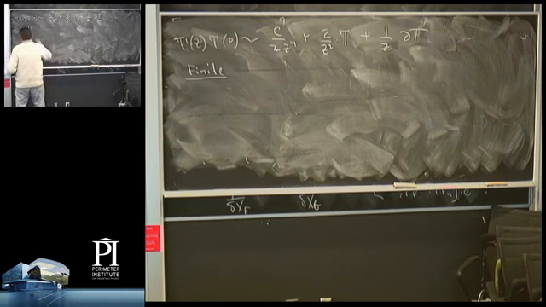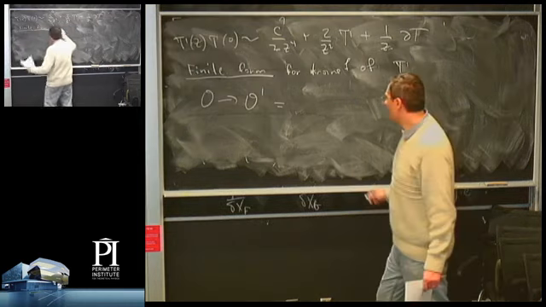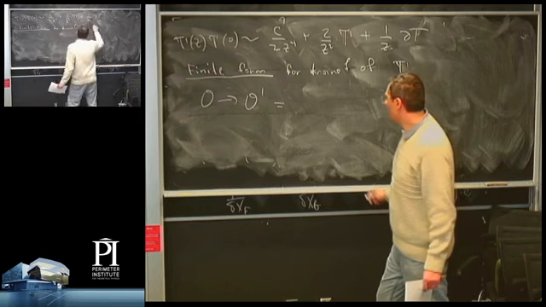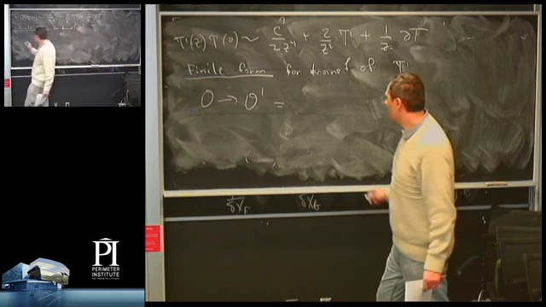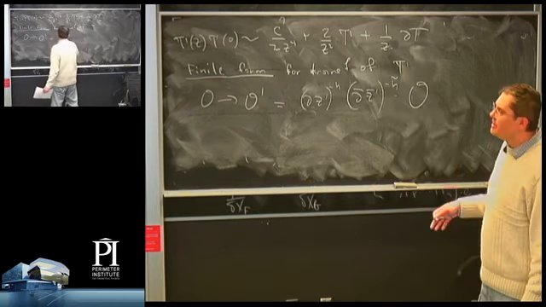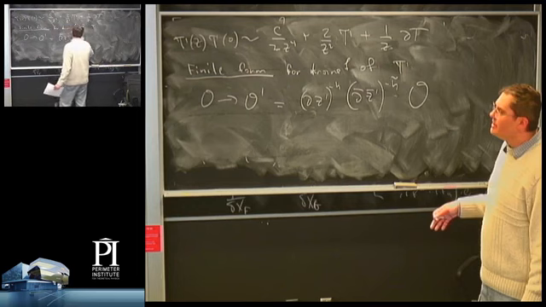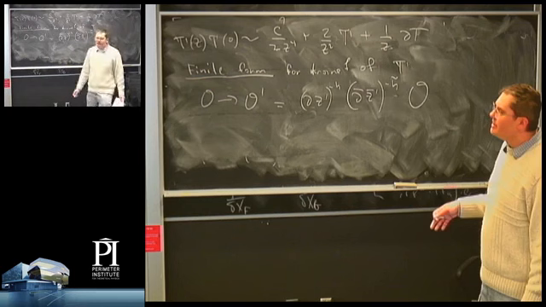The answer is given by this expression, the finite form for the transformation of T. Remember that a primary field was transforming in this form: ∂z' to the minus h, ∂z̄' to the minus h̃, times O.